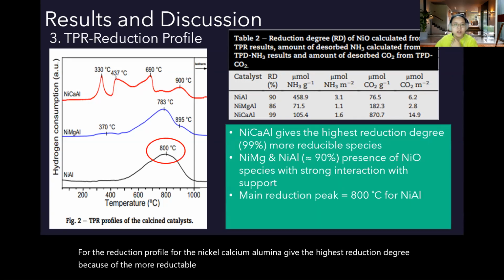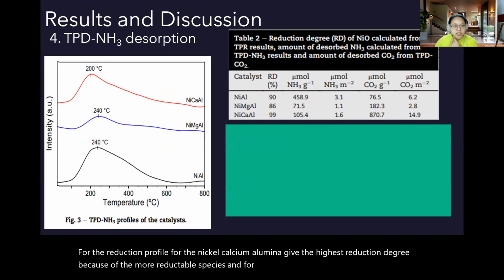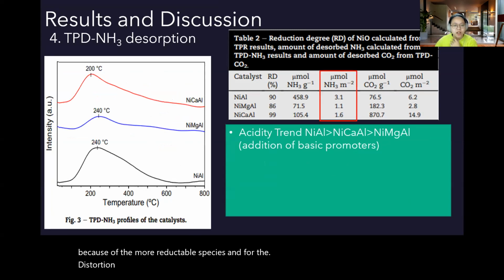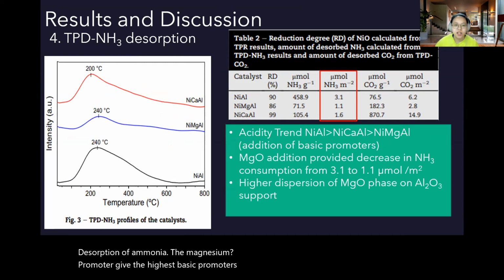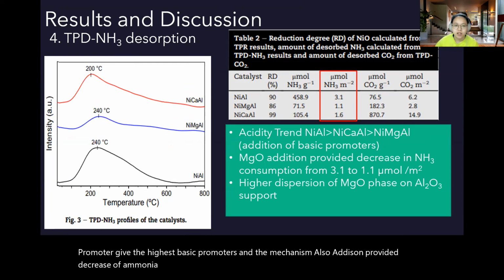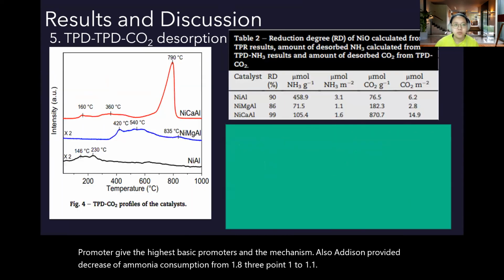And for the desorption of ammonia, the magnesium promoter gives the highest basicity, and the magnesium oxide addition provides a decrease of ammonia consumption from 3.1 to 1.1 due to the higher dispersion.